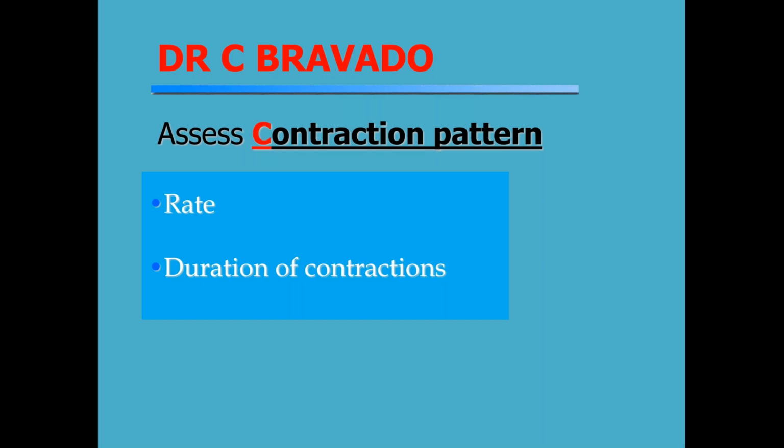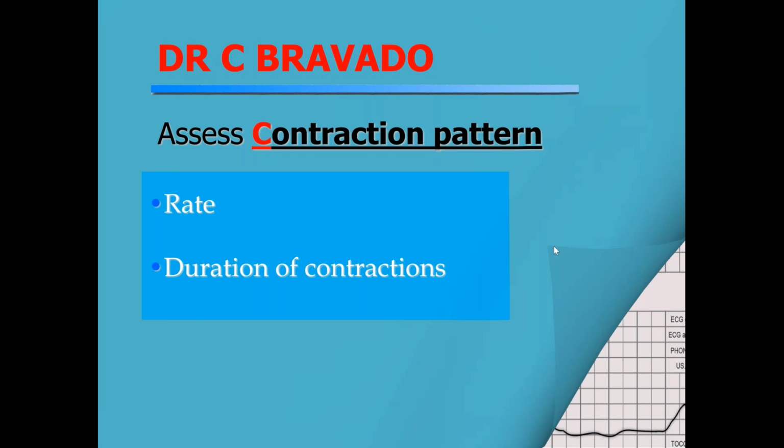After that, to know whether this may be hyperstimulation. The normal rate is less than 5 per 10 minutes, and the duration of the contraction is less than 60 seconds. The rate and duration are very important to know about tachysystole, hyperstimulation, or hypertonus. We'll discuss later, inshallah.